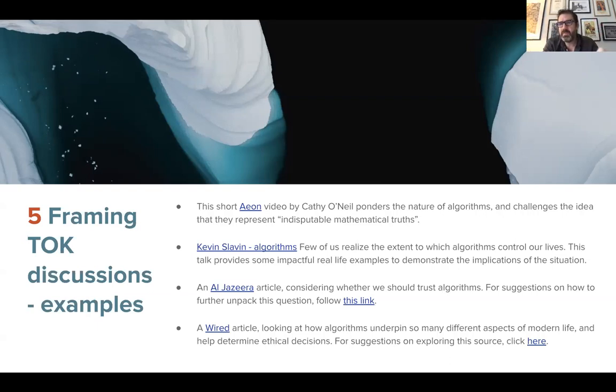In TOK, we might then think about, do algorithms represent objective knowledge? Do they provide us with morally valid decision-making processes? How do algorithms change over time, etc.